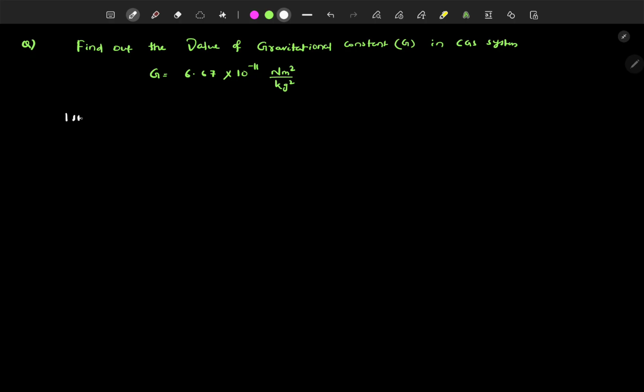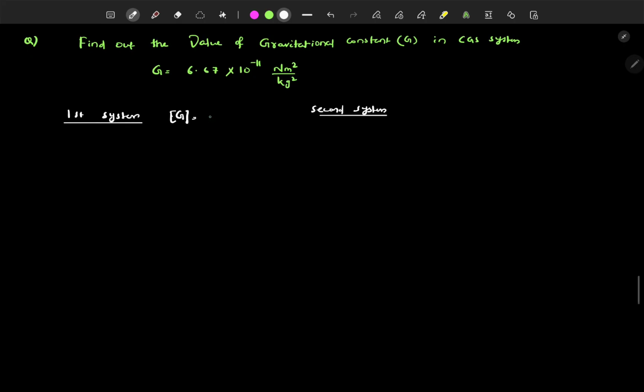So simply write, on the left hand side you may write the first system, and on the right hand side the second system. In between these two, we have to write the dimension of capital G. We have already discussed that the dimension of capital G is -1, 3, -2.